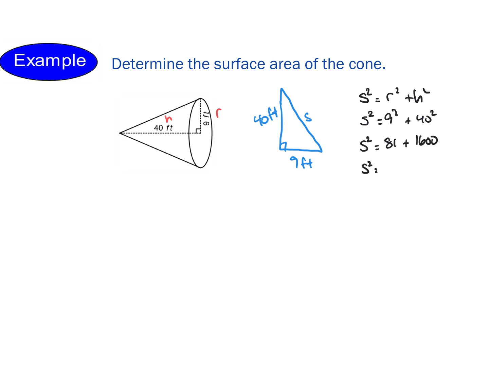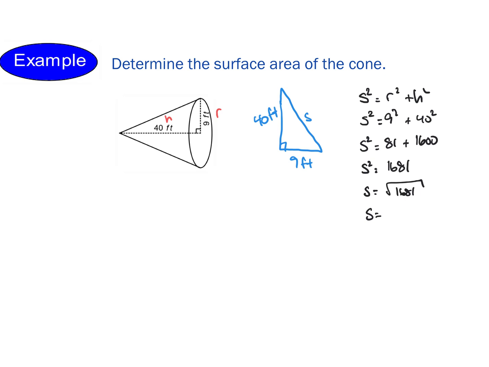And if we put those together, what do we get? Fantastic. And now we just need to take the square root of that in order to find the slant height.